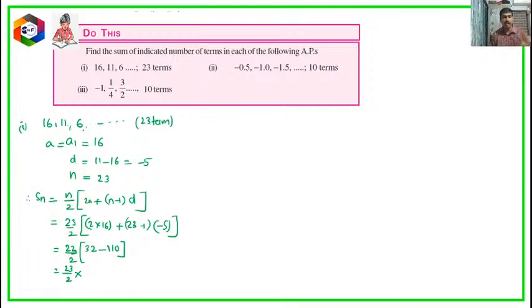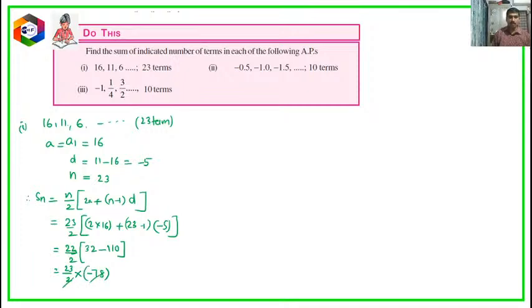The starting numbers are positive, but since it is decreasing, the answer will be minus. So 32 minus 110, subtracting, we get 78, so minus 78.